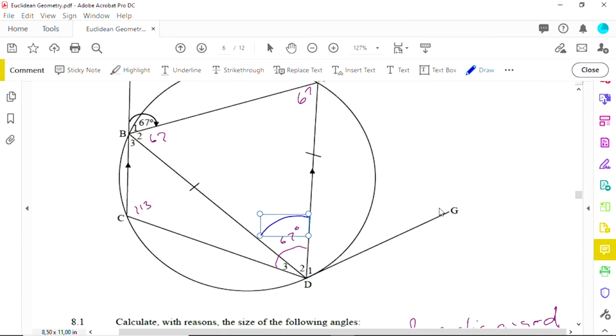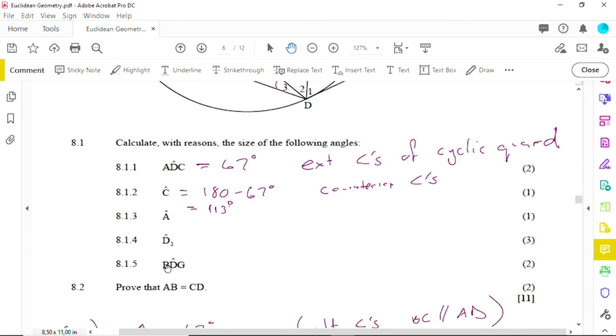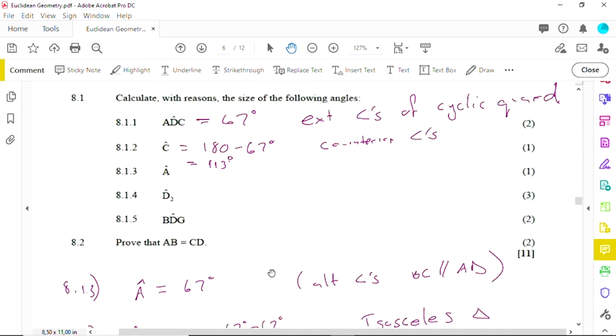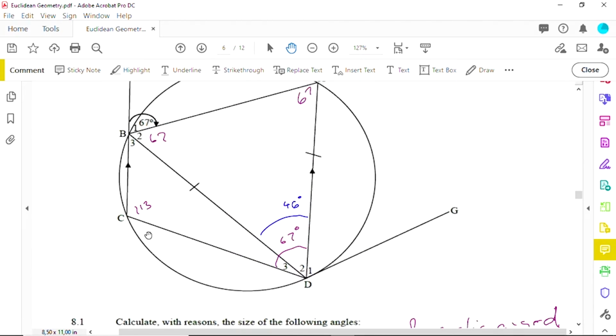We said this angle is equal to 46 degrees, so D2 is equal to 46 degrees. All you need to do is show that B3 is equal to 46 degrees, then we're done.